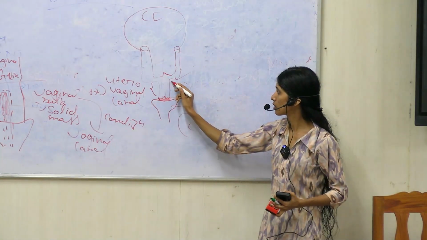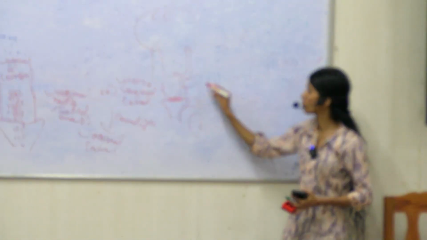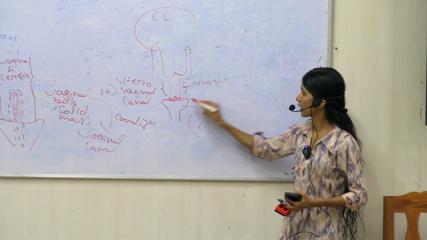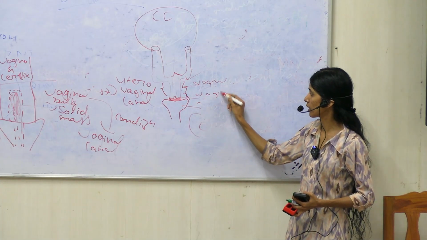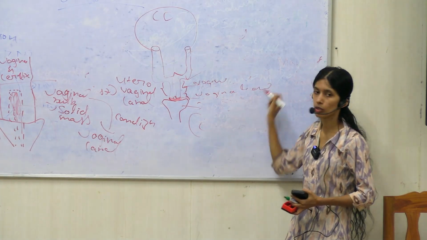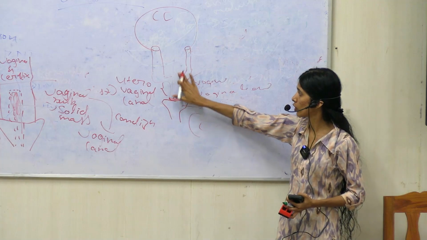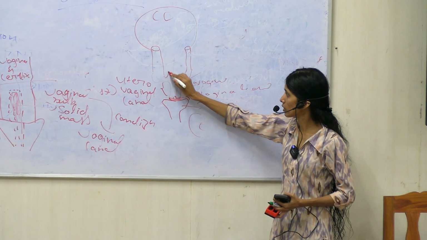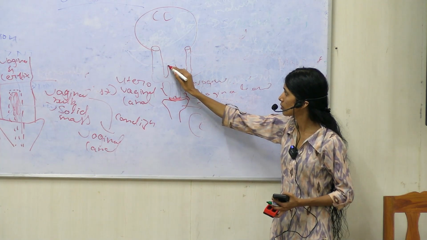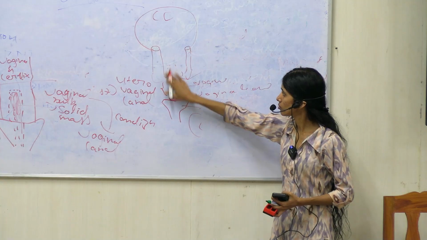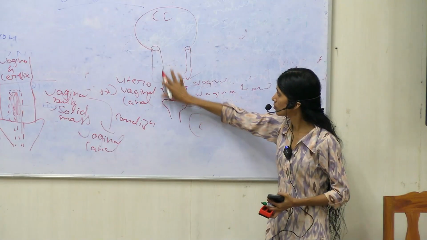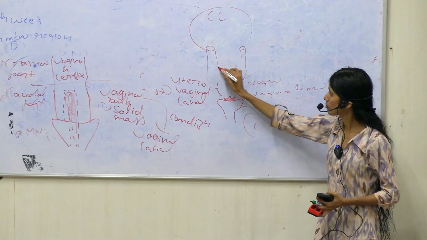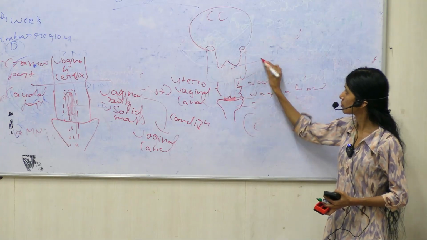So here, this part will develop into vagina, then followed by vaginal canal. Okay, and this part what you are seeing will later give rise to uterus.